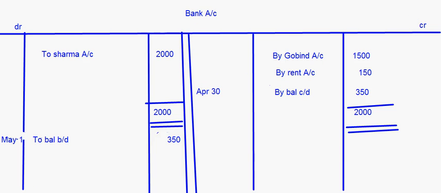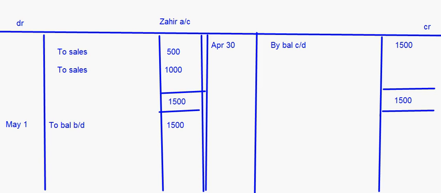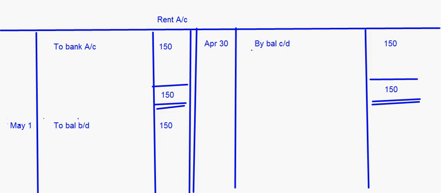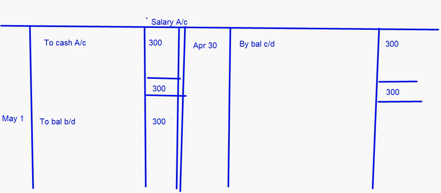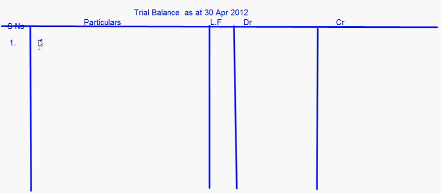So here I'll have serial number 1, we'll write purchases account, right? And since it has got a debit balance, you will put that amount on the debit side, right?